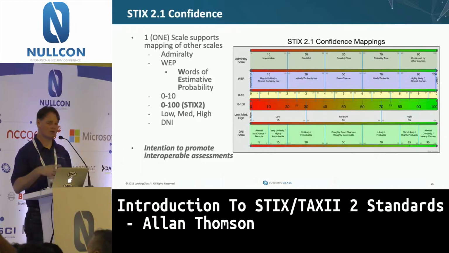However, if you're going to share intelligence and have a common way to understand these different schemes, then STIX2 came up with a model that allows you to normalize it into a common scheme across those different scales. So if you're used to using the Admiralty scale, you can continue to do that, but you can then publish your data in STIX2, and somebody who uses 0 to 100, there's a standard mapping of how you represent Admiralty in 0 to 100.